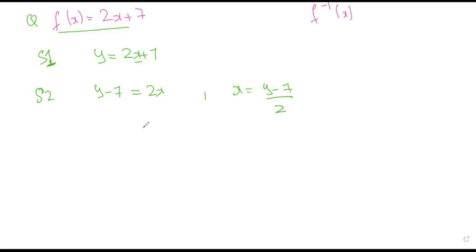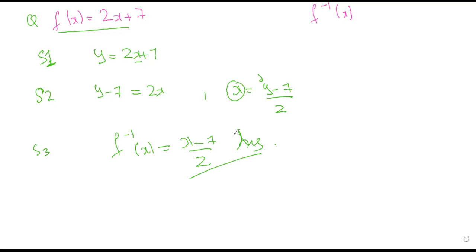And then in the last step, I will replace x with f inverse of x, and I will replace y with x. And this is the answer, right? So that is how we find f inverse of x. So did you understand this, both of you? Yes.